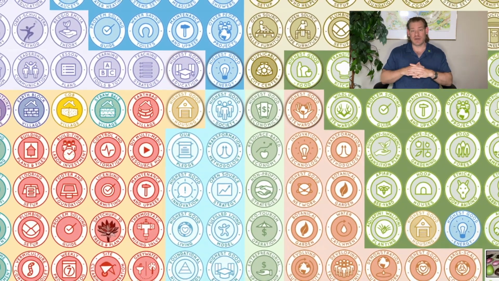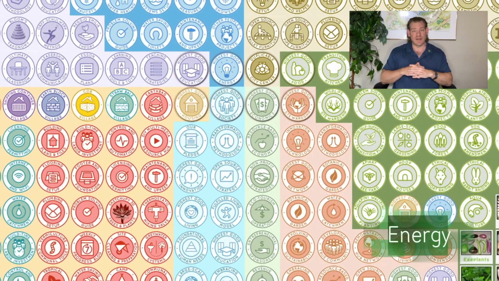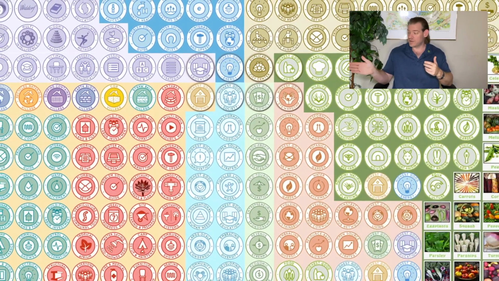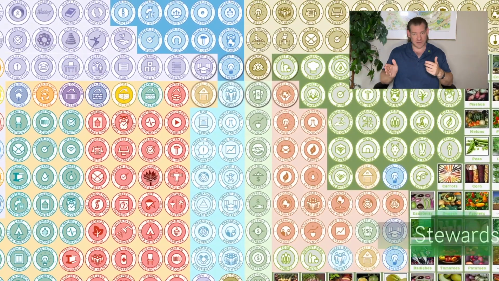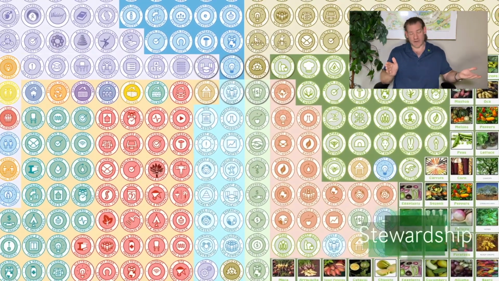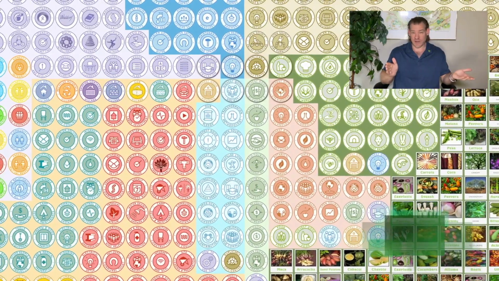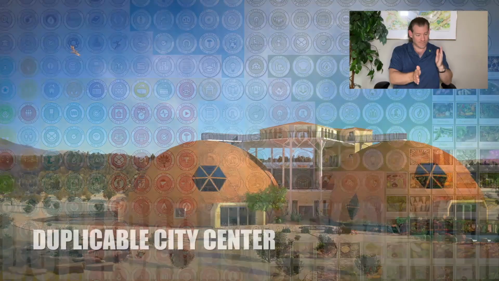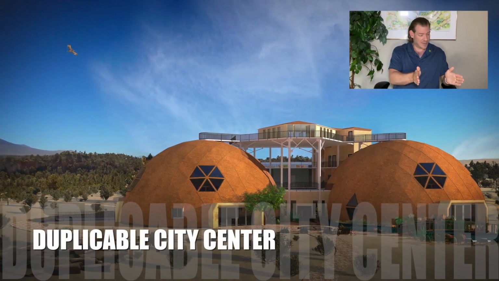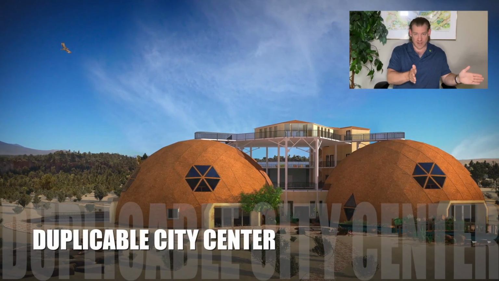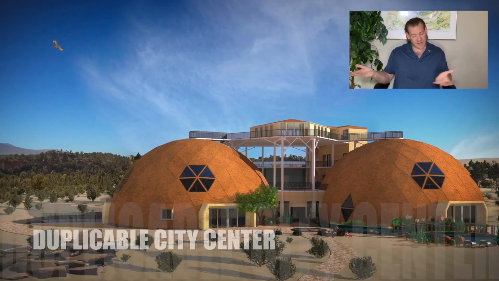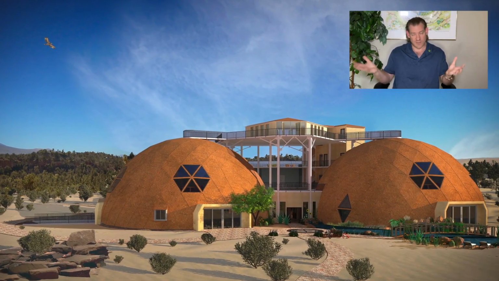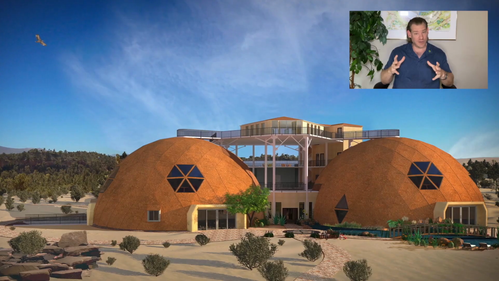And so our idea for how to create global sustainability is to take the physical foundations of sustainability, which are food, energy, housing, and combine those with the emotional foundations of sustainability, which we've identified and like to call highest good approach to fulfilled living, education, economics, and stewardship. And take these physical foundations, combine them with these emotional foundations, put them together as one community.